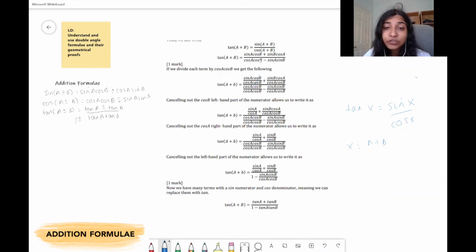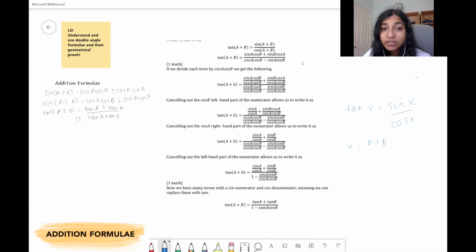Then we can just rewrite these expressions using our addition formulae. So that means that tan of A plus B is just equal to sine A cos B plus sine B cos A, all over cos A cos B minus sine A sine B. Now, because our formula is written in terms of tan, we want to try and get that from here. We can do that using, again, our definition that tan x is equal to sine x over cos x.